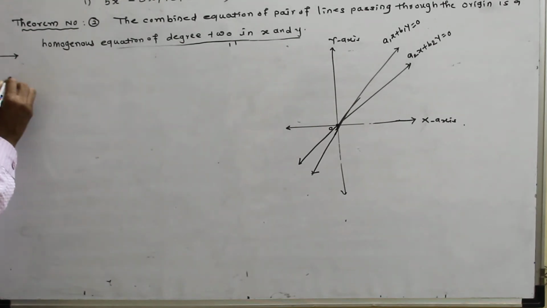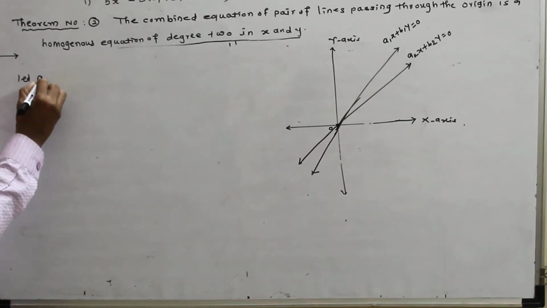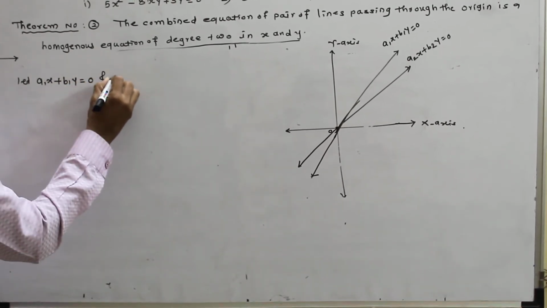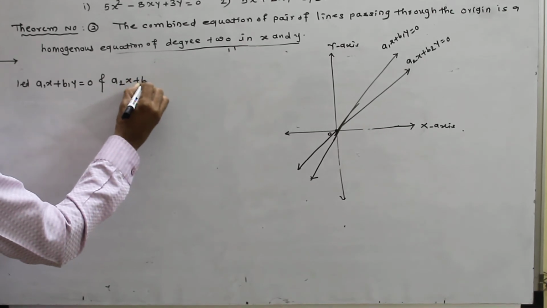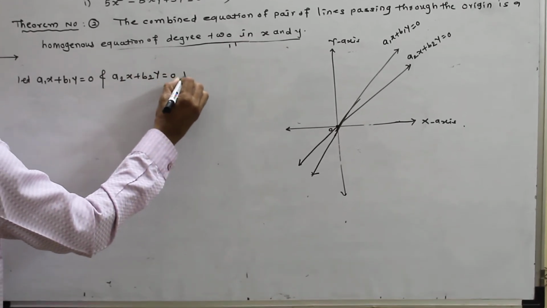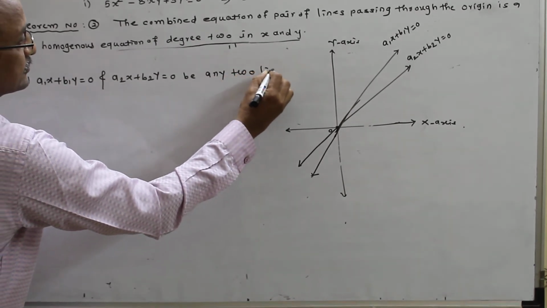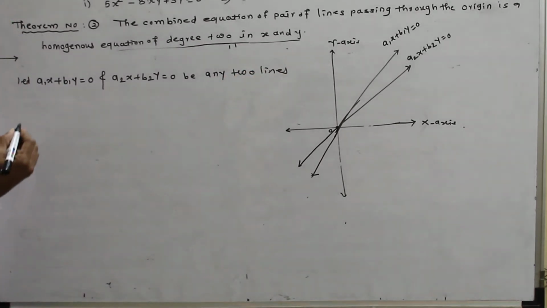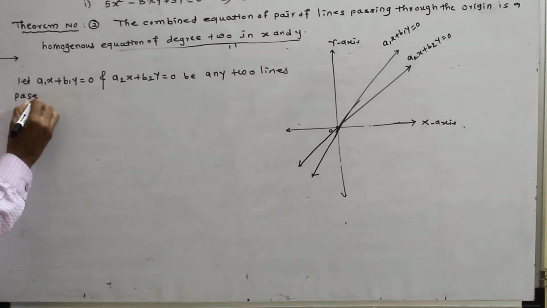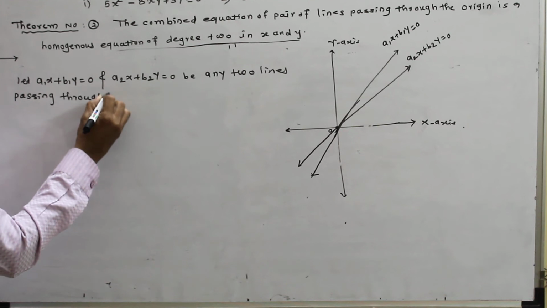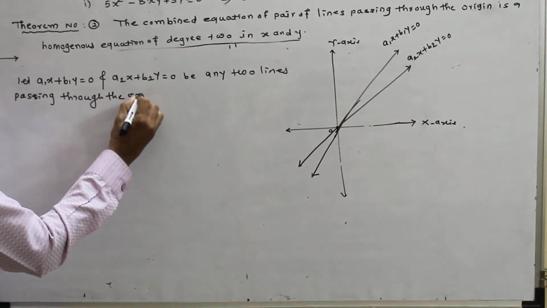So now let a1x plus b1y is equal to 0 and a2x plus b2y is equal to 0 be any two lines passing through the origin.